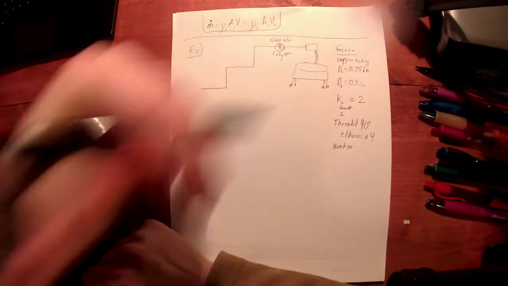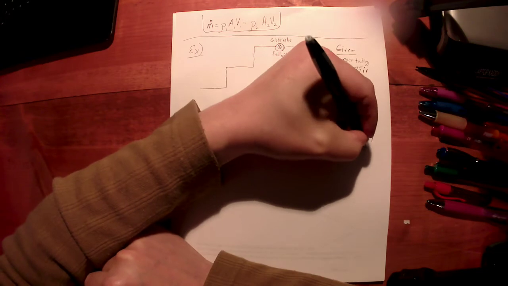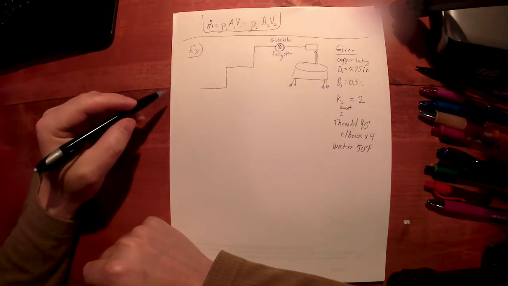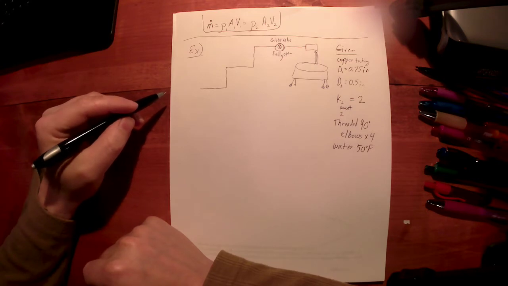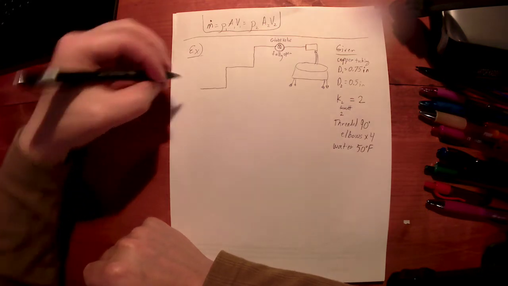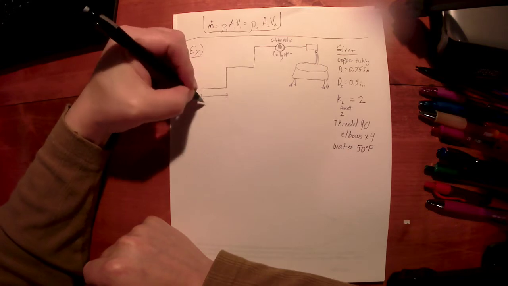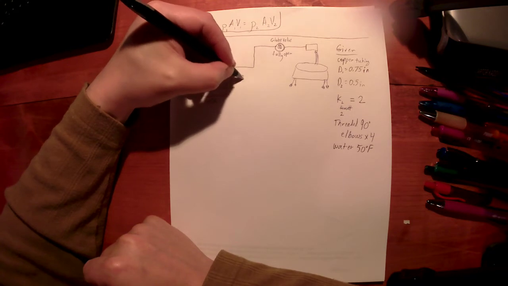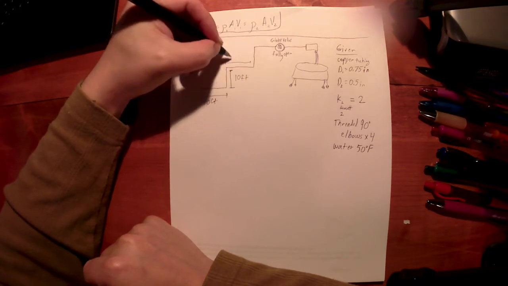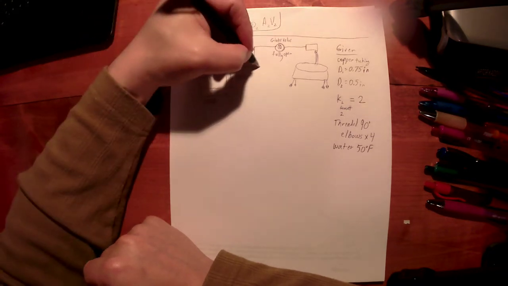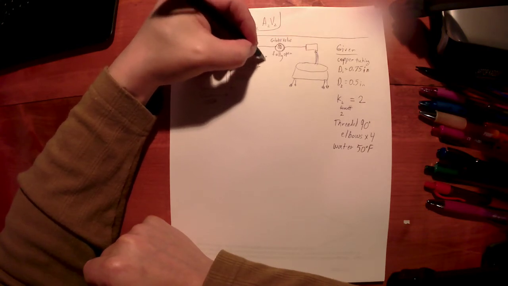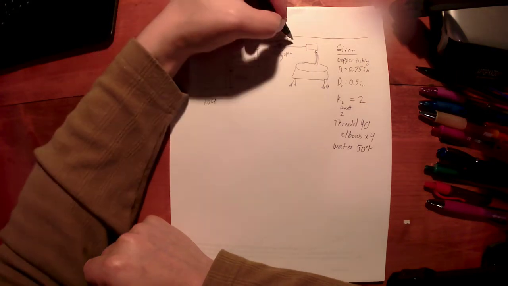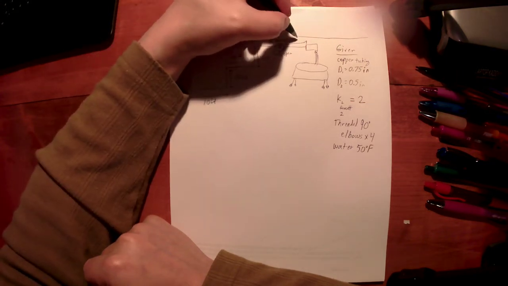Liquid water, we'll say 50 degrees Fahrenheit. It's probably a little warm, but we'll say it's water at 50 degrees Fahrenheit. And we know our length of pipe here. This is 10 foot, it goes up 10 foot, so I'm going to have an elevation increase there, another 10 foot there, it's going to go up another 10 foot, 10 foot into the globe valve, and another 10 foot to the faucet.